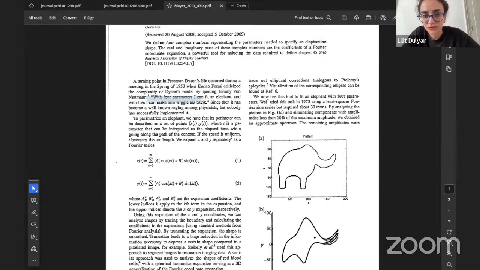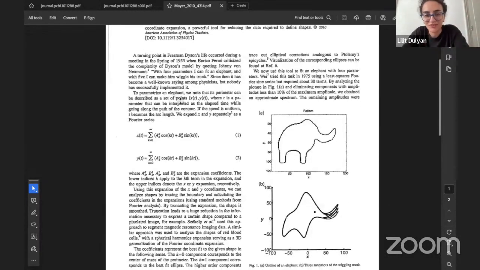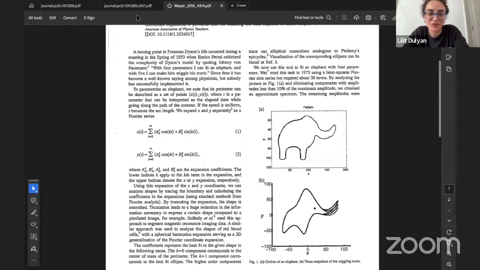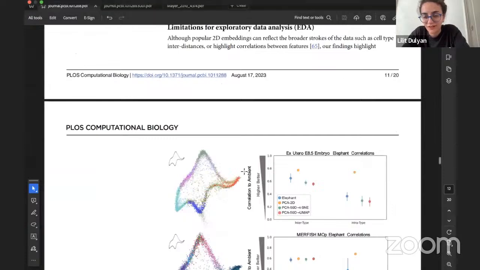So this was about the fact that arbitrariness is not a nice thing in science, even if you use just 4 arbitrary parameters. And then after that, they created a paper where they actually tried to use only 4 parameters to fit an elephant and make the trunk wiggle. So yeah, and this is the paper.